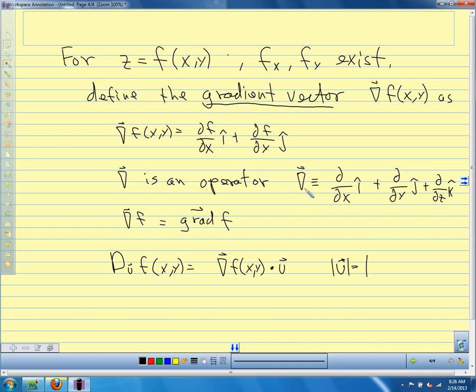You could write the del symbol, but writing the del symbol is kind of like writing square root. You have to take the square root of something. Del has to operate on something to have any actual meaning. So this is our compact notation for the directional derivative of our function in the direction of u, del f dot u.